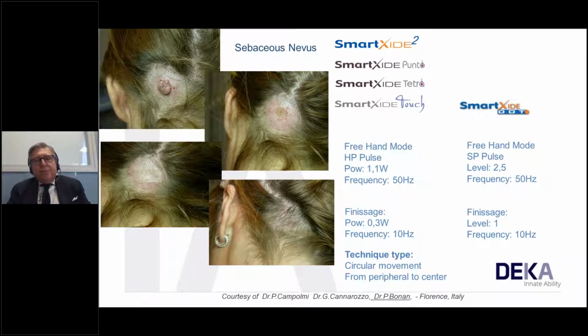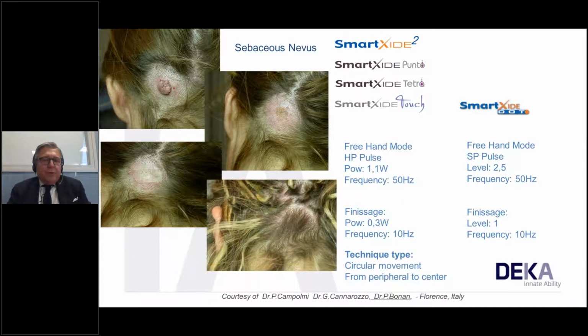This is a meaningful case where we can appreciate the treatment of sebaceous nevus, that is like a plug that interferes with the hair regrowth. But after the treatment, we have completely dramatic hair regrowth.